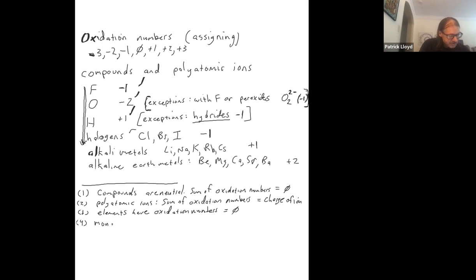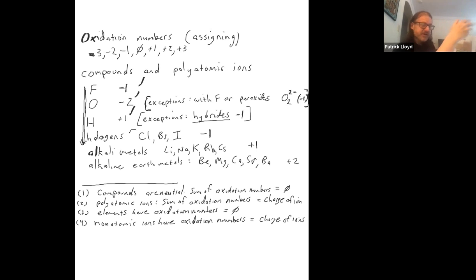Monatomic ions have oxidation number equal to the charge of the ion, just like polyatomic ions. But these are simpler, right? So for example, if I say a lithium ion, Li+, well, that's not an element because it's an ion, right?